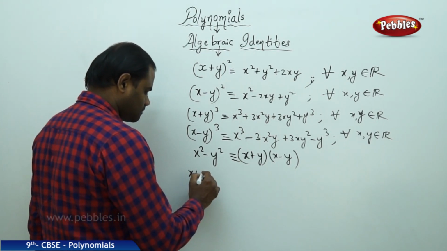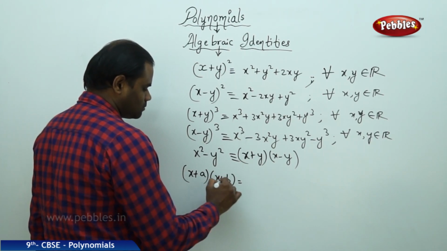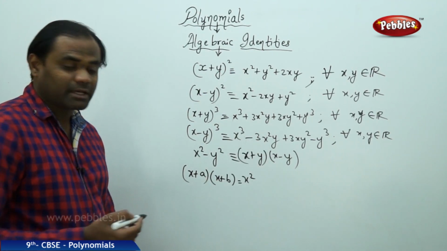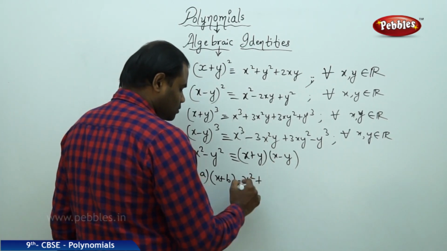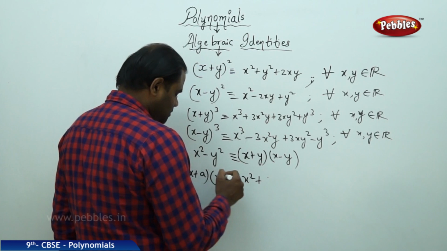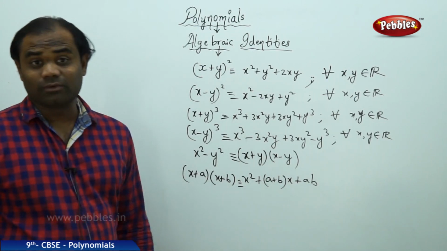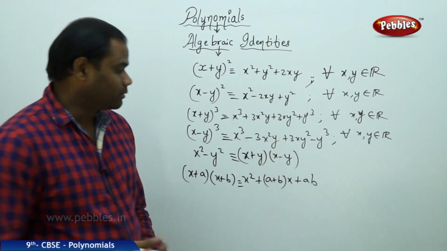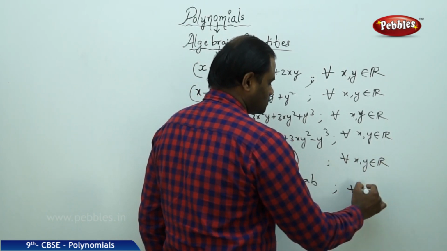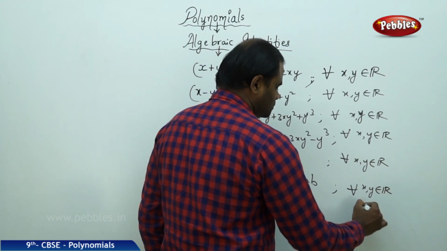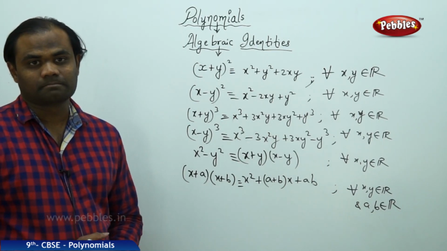Next, x plus a times x plus b, by introducing the two new real numbers a and b, can also be expanded and is identically equal to x square plus a plus b times x plus ab, for a and b belonging to the real numbers.